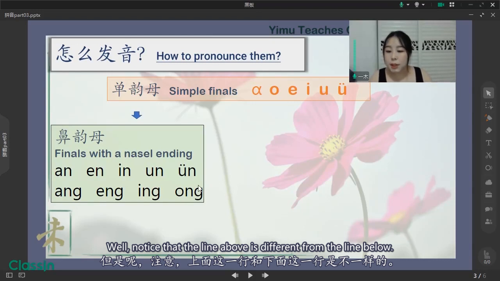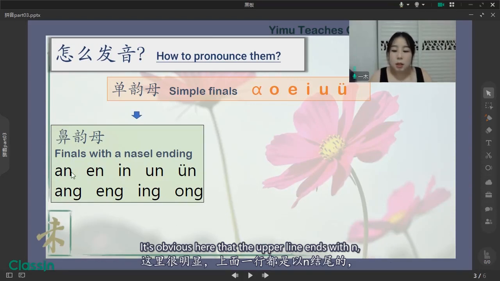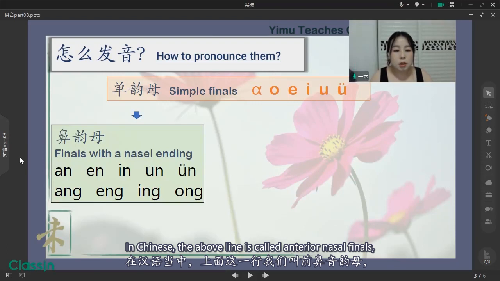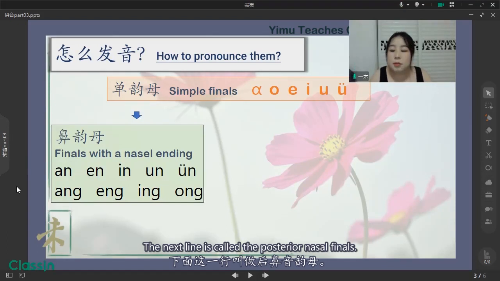Notice that the line above is different from the line below. It's obvious that the above line ends with n. The next line ends with this letter. In Chinese, the above line is called anterior nasal phonemes, and the next line is called posterior nasal phonemes.